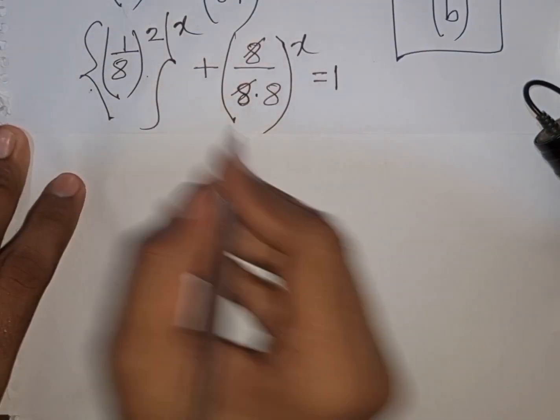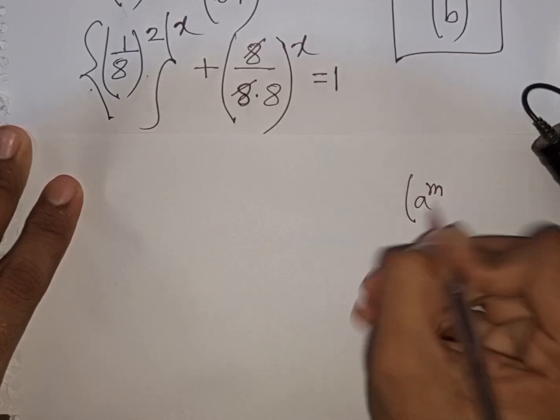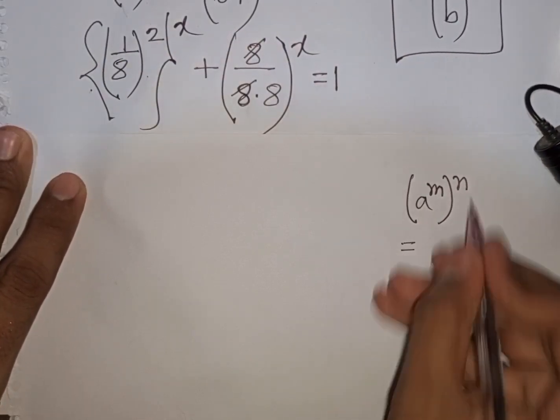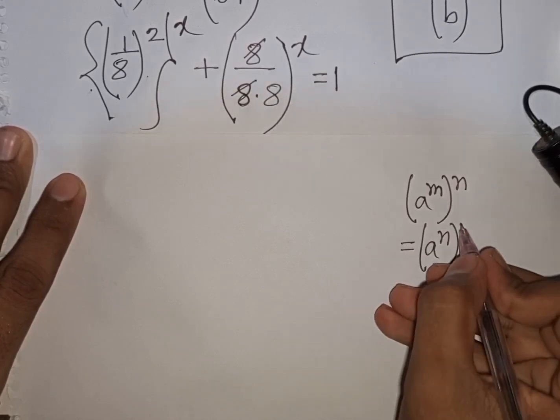Here we can apply this exponential rule that a power m bracket power n is equal to a power n bracket power m.